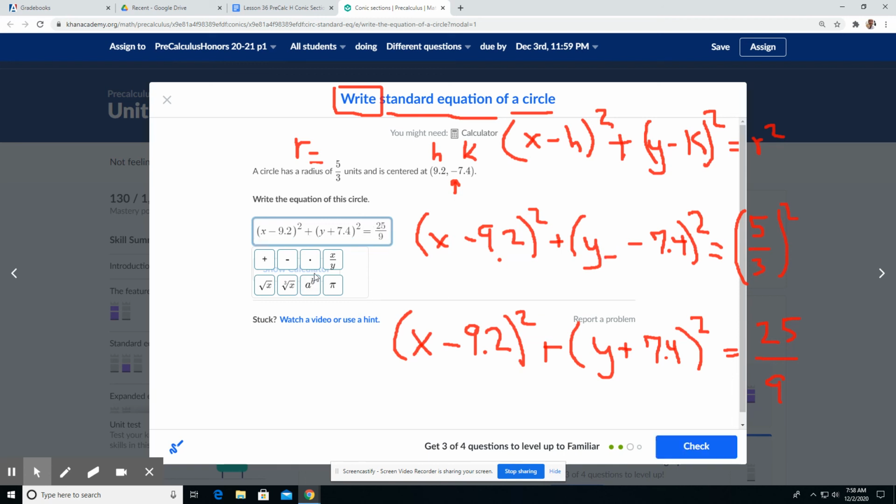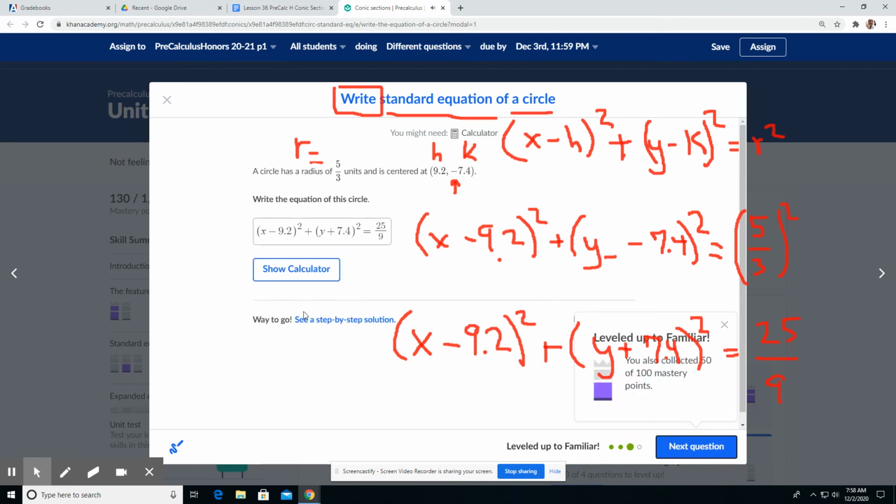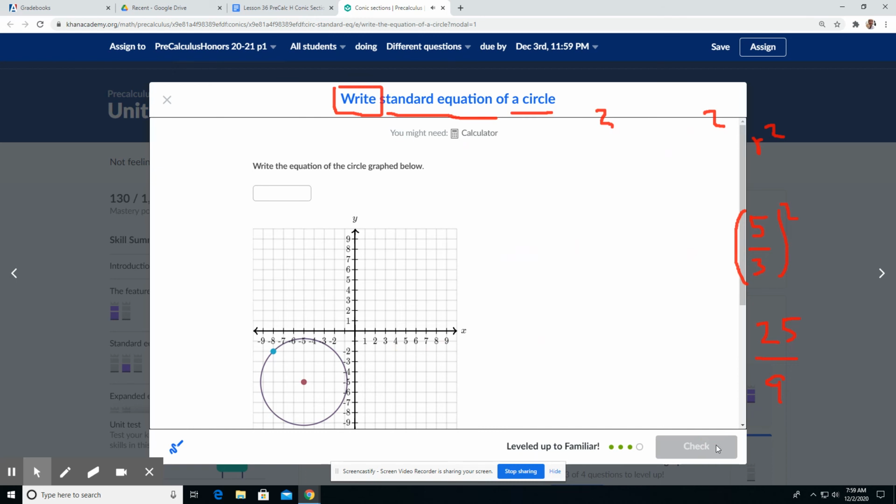We'll check our answer before I hit enter. Make sure I'm not missing any squareds or anything. And it looks good. All right. Good luck on these. I don't think the next one's going to be any different. Yes, it's the same as the first one I showed you on this video.